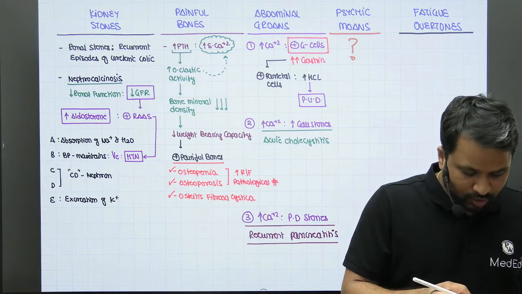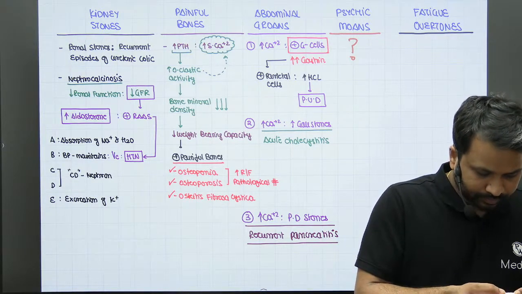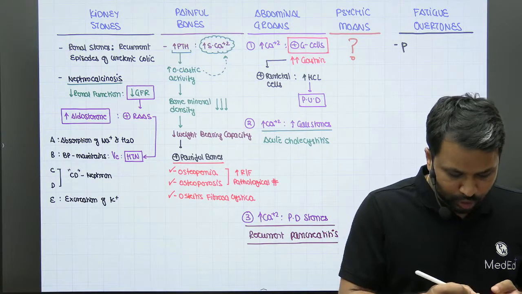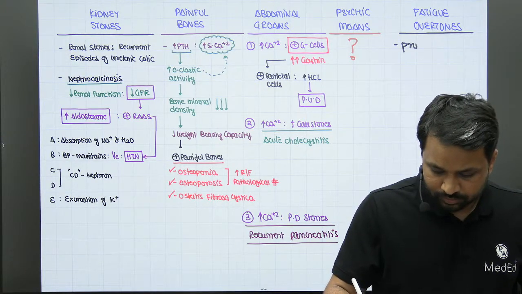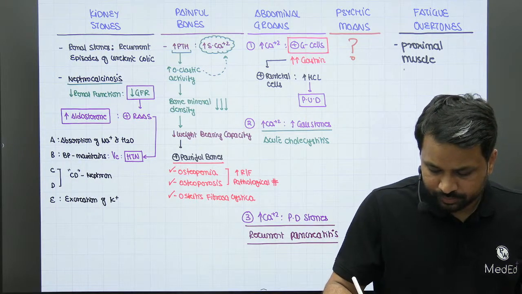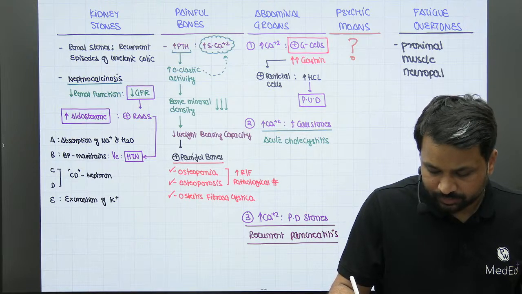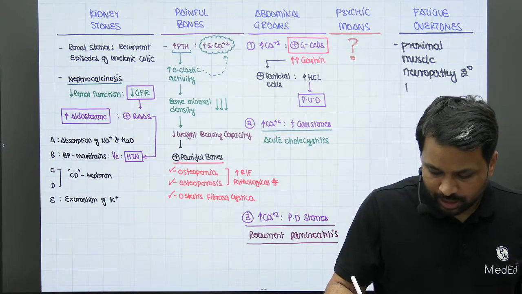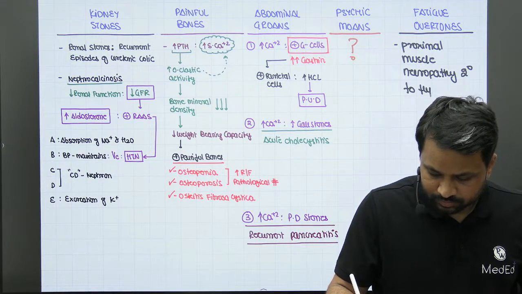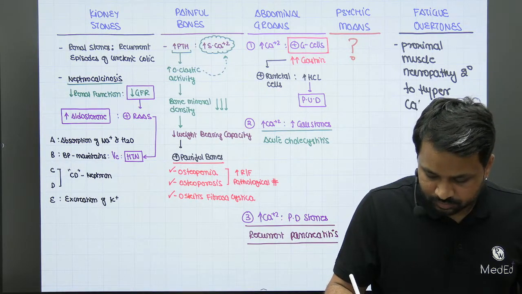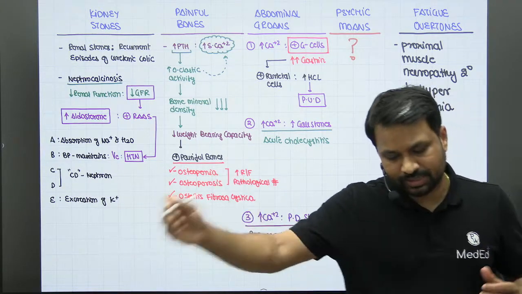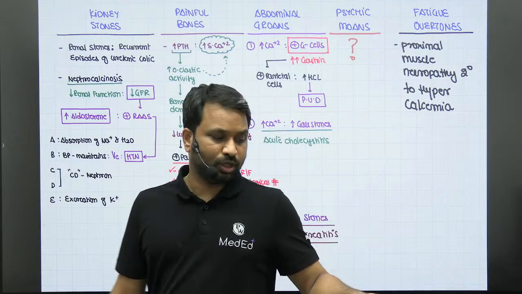It is because of the proximal muscle neuropathy, secondary to hypercalcemia, and that is your fatigue overtones.